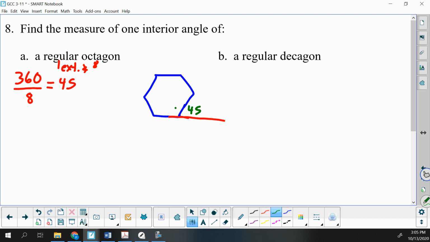Well, if we want to find the interior angle, we can just say, okay, x plus 45 we know has to equal 180. Subtract the 45 over, and therefore x, which is what we called our interior angle, would be 135 degrees.